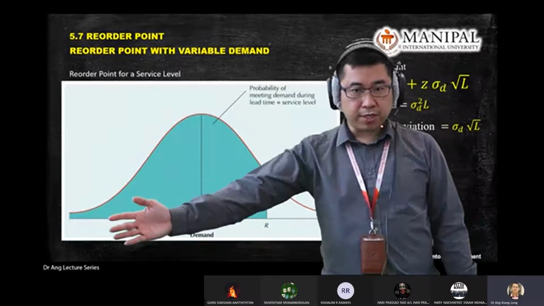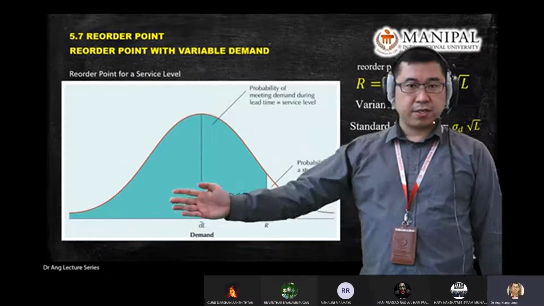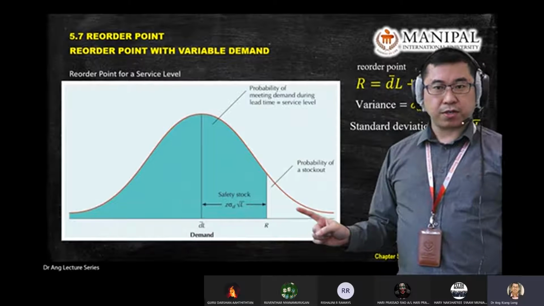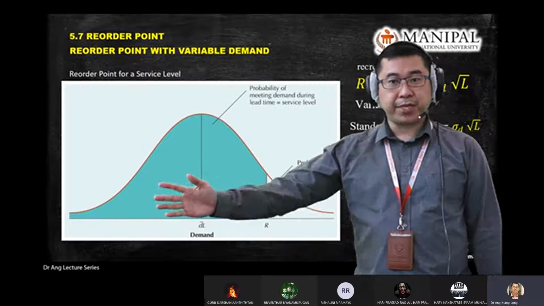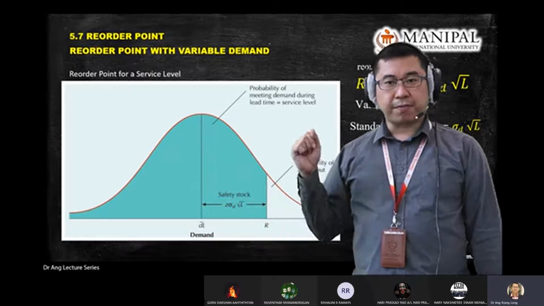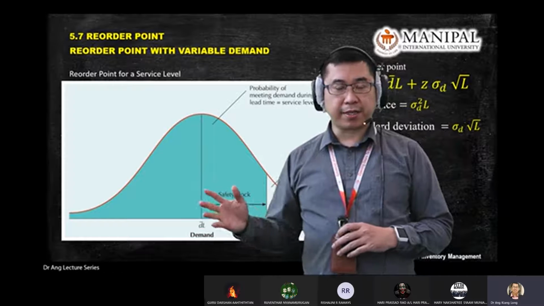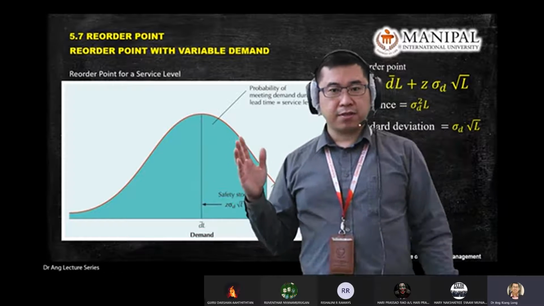So basically, you still go back to this normal distribution chart here. In fact, we have been through one of the methods that we use, statistical method in chapter 3 or chapter 4.